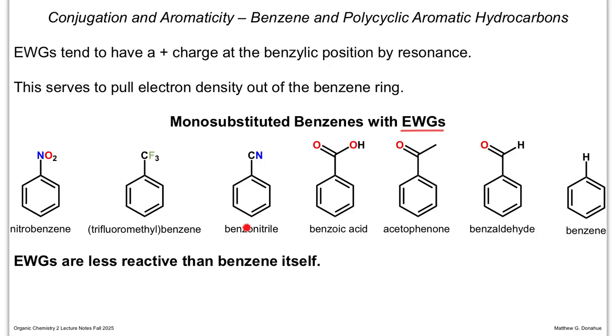We can have a nitrile, benzonitrile. So on the prior slide, we had CH3 that was toluene. This is called trifluoromethylbenzene. So notice now the presence of those fluorines inverts the reactivity. And then NO2 is nitrobenzene.